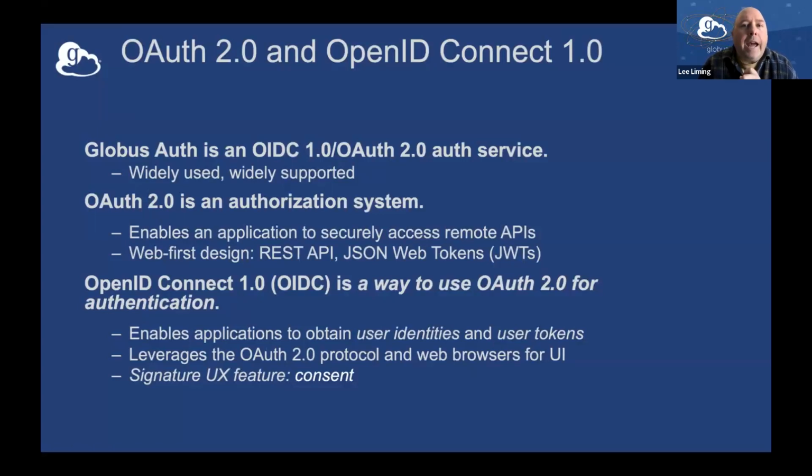So if you have code in your application already to use OIDC or OAuth, you don't have to change anything in order to use Globus Auth. You just change your configuration to point to Globus Auth instead of whatever auth service you were using, and magically it will work with Globus logins.